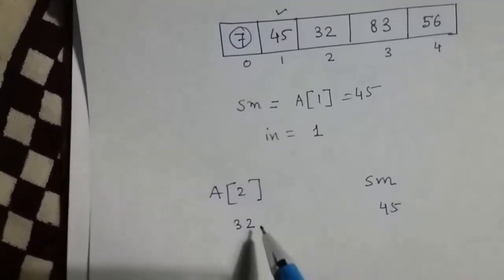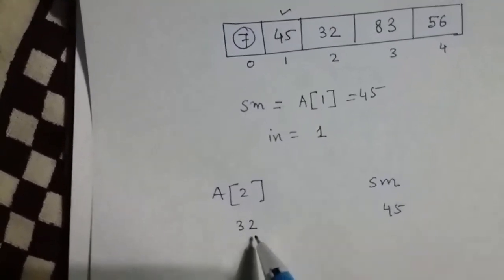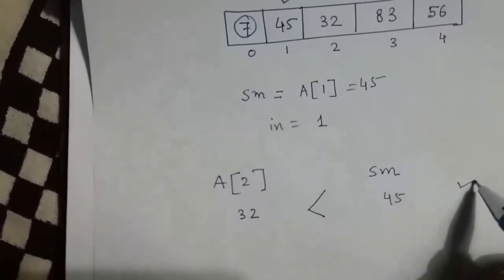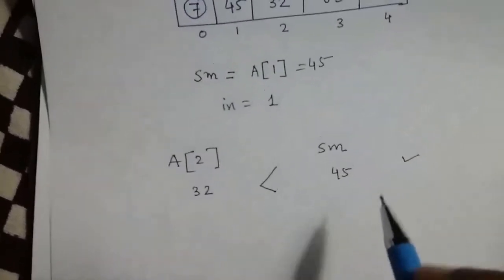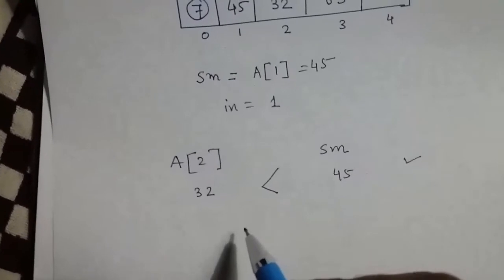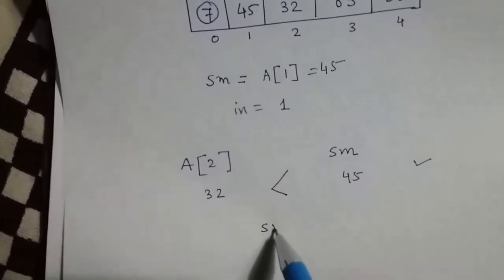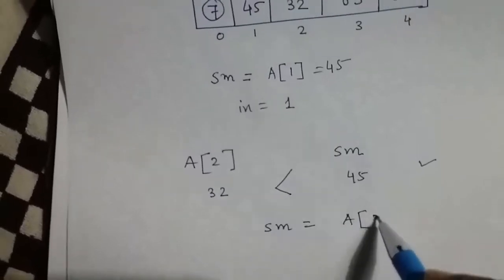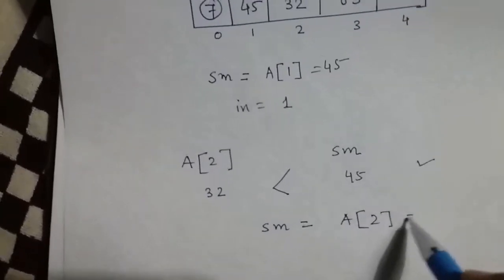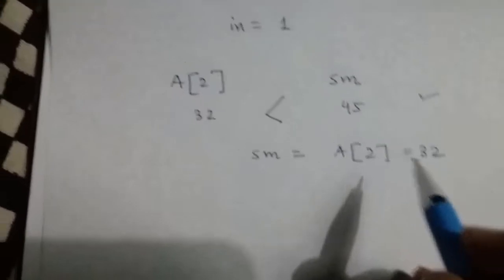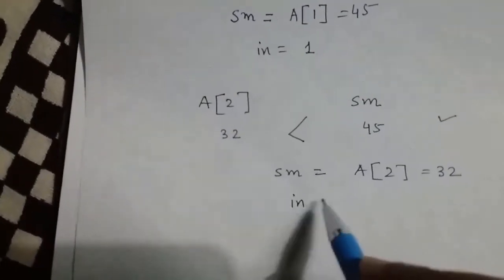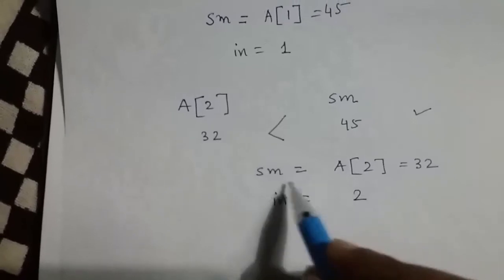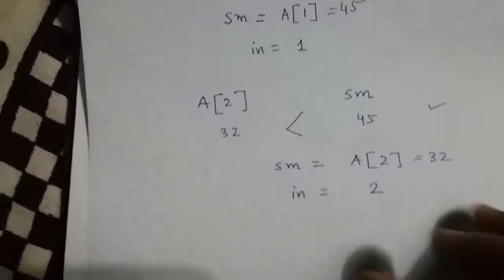So what is the relation between A of 2 and SM? You can see that 32 is less than 45. So 32 is less than 45, it is satisfied. So the value of SM will be changed. So SM equals A of 2, which is 32, and the index of SM is 2 now.